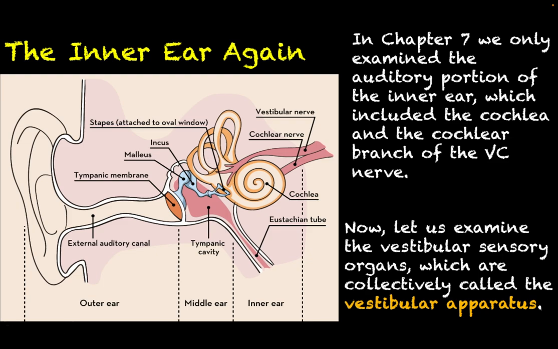The thing to keep in mind is the sensory mechanism is going to work very similarly. Our sense of equilibrium and balance and spatial orientation using the vestibular apparatus is going to be based on fluid moving back and forth within these cavities and getting those hair cells bending back and forth.